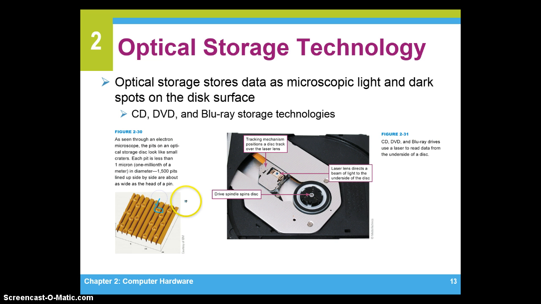So this is an electron microscope view of the surface of a CD. Basically, when we talk about a CD-ROM, it's a compact disc read-only memory, and in that situation, these pits have been burned into the surface of the CD at the factory.